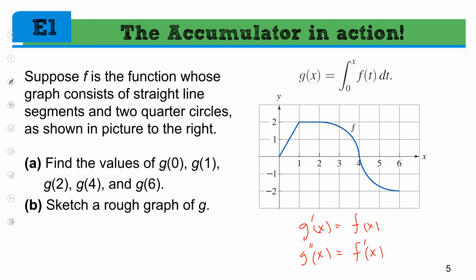You're overthinking this. Oh, wait, g of 1 would be 1. Right? They line up? Yeah. Why? Because of the area from 0 to 1. Yeah, it's the area under the curve. It's the area of that little triangle.